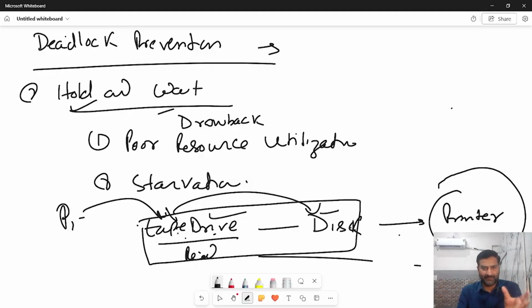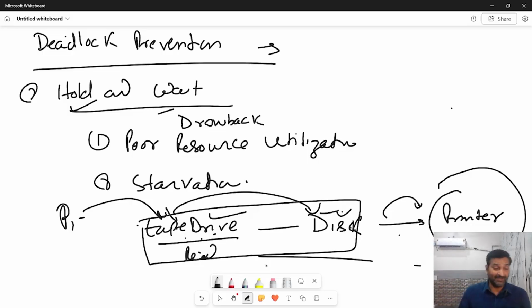Later on it needs the printer, but at the very beginning it is holding all three. So when the printer is needed elsewhere, we cannot provide it to other processes because it is non-shareable. This is the meaning of poor resource utilization.